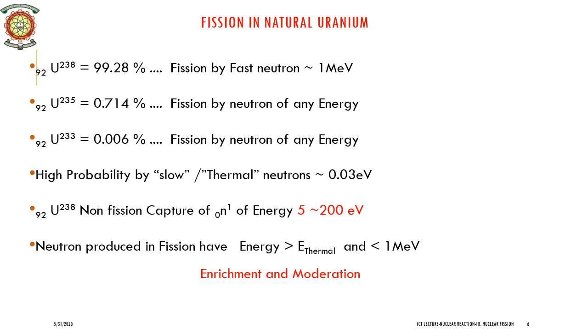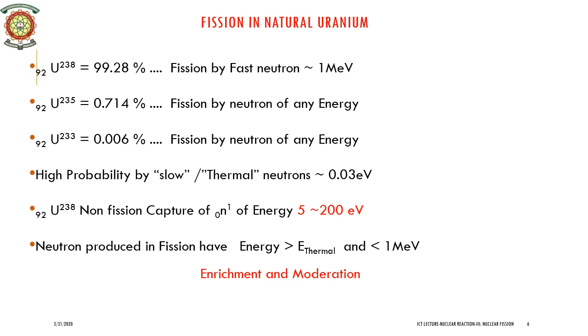Uranium-235 and 233 undergo fission by neutrons of any energy, although the probability of fission is greater with slow or thermal neutrons. Now, slow or thermal neutrons are those neutrons whose energies are comparable to the atoms or molecules of the medium in which they are moving, and it of the order of about 0.03 electron volt.